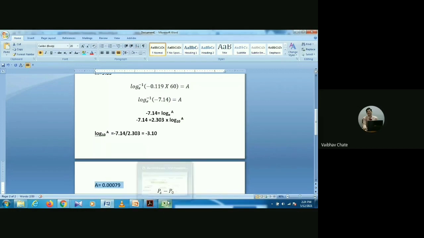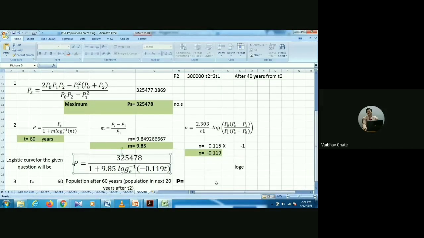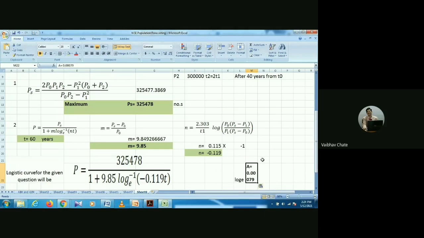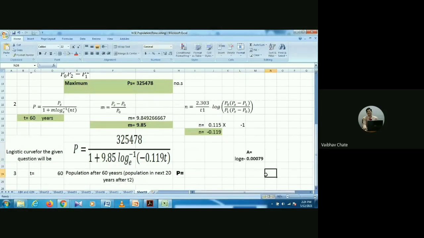I just use this value, so I got this log to the base e inverse value as 0.00079. That's all.